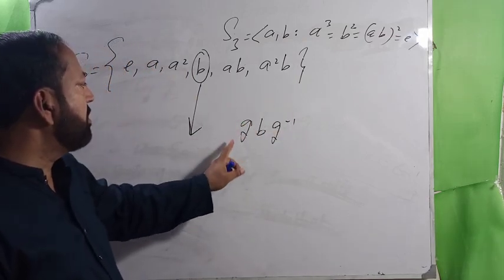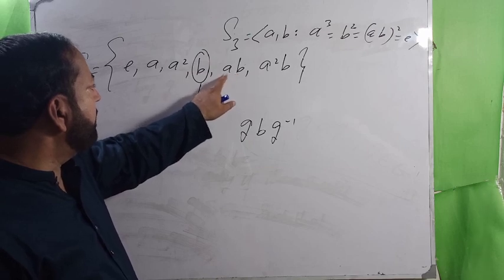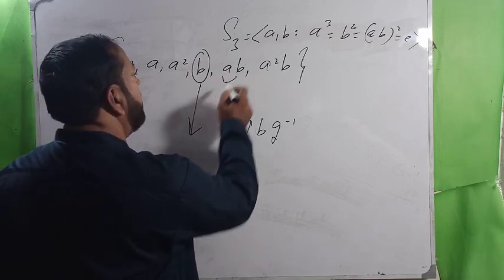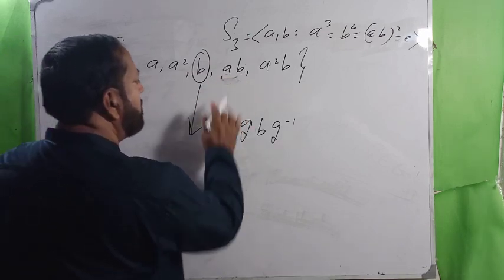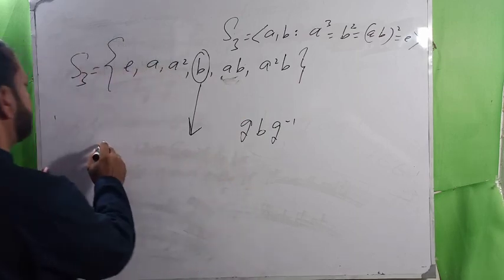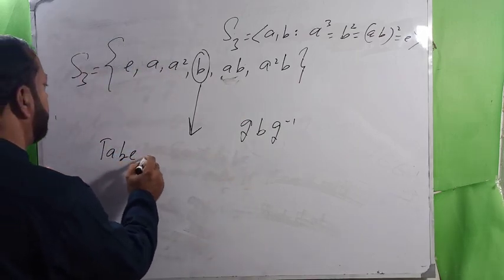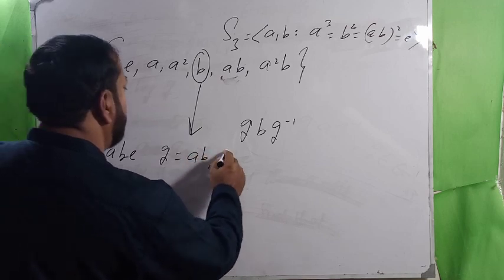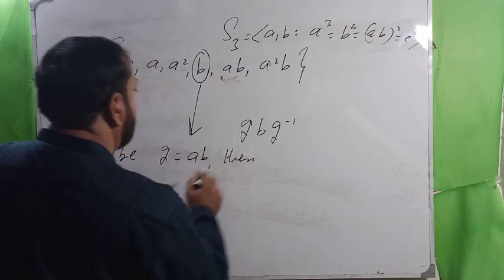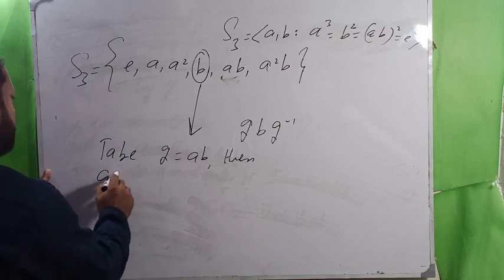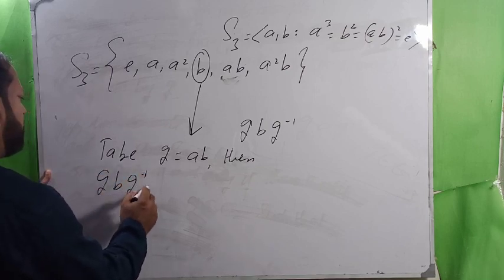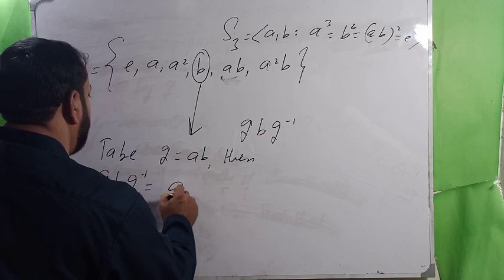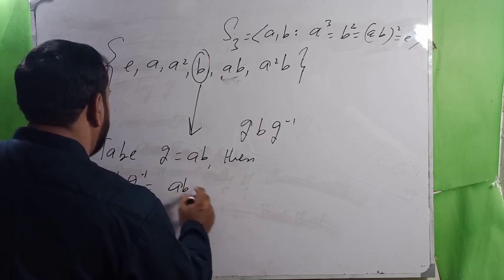For g b g inverse, if I select ab as g, then g is equal to ab, and of course g b g inverse is in fact ab, and what is b?